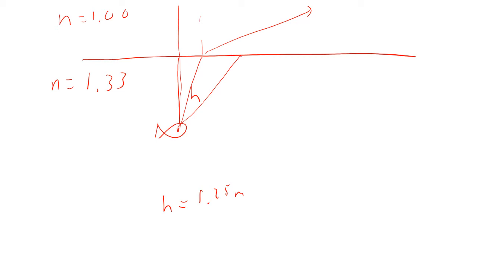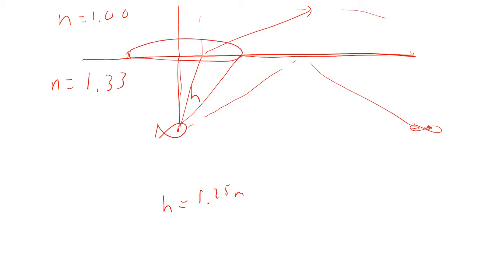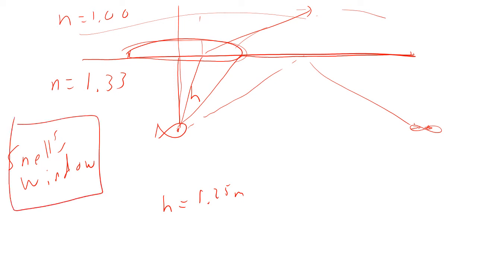And if the fish looks off this way, then it sees another fish over here somewhere. That means the fish sees all of the outside world focused into a little circle right here, a window. In fact, we sometimes call that Snell's window. So I want to know, what is the diameter of Snell's window?